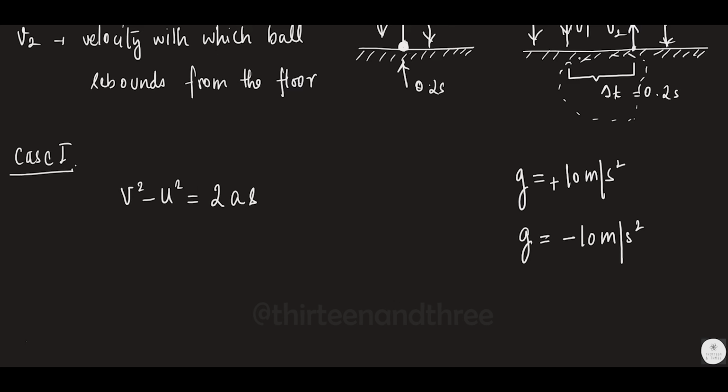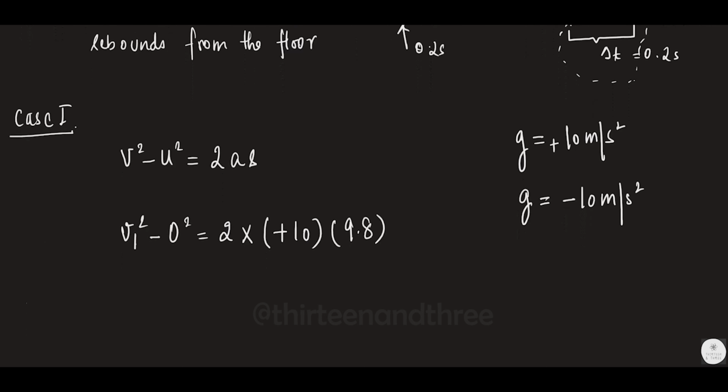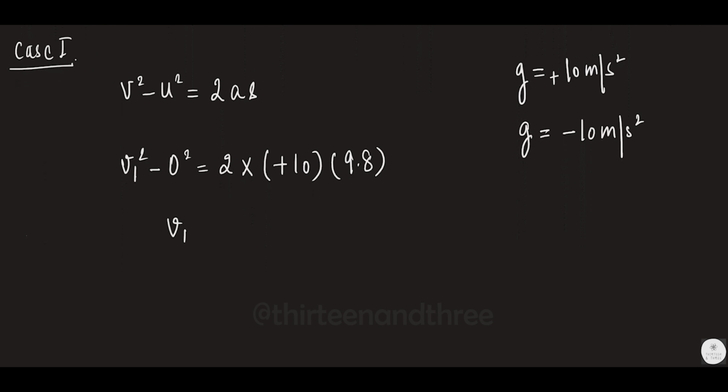For the first case, v is v1, u is 0, a is plus 10 because it's in the direction of gravity, and s is 9.8. So v1 is under root of 2 into 10 into 98 by 10.